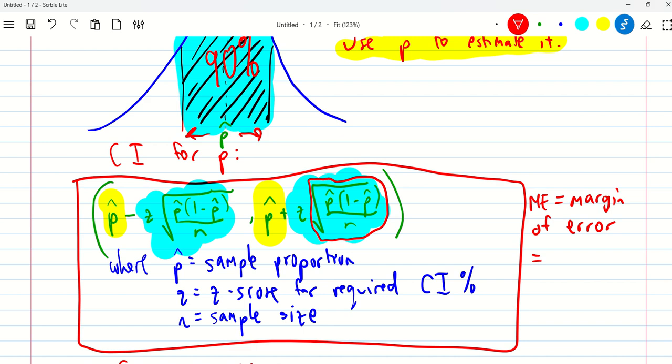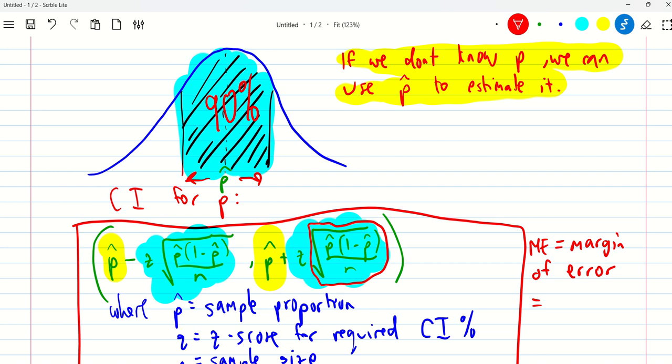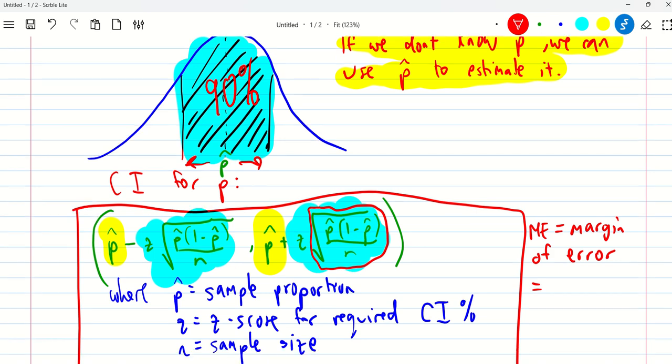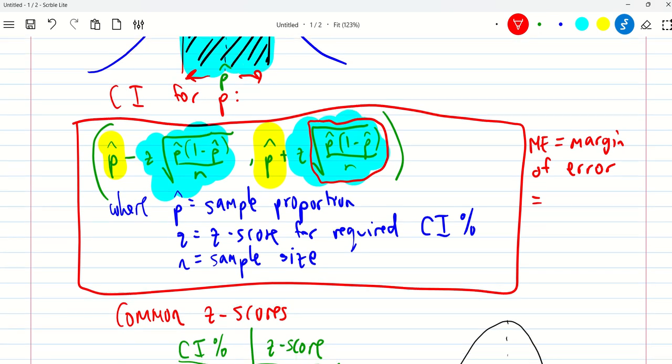That's a range, and it tells us we're 90% confident that P sits within that interval. So that's the formula. P hat is your sample proportion, Z is your Z score for the required confidence percentage, we'll have a look at a couple in a second, and of course N is your sample size.